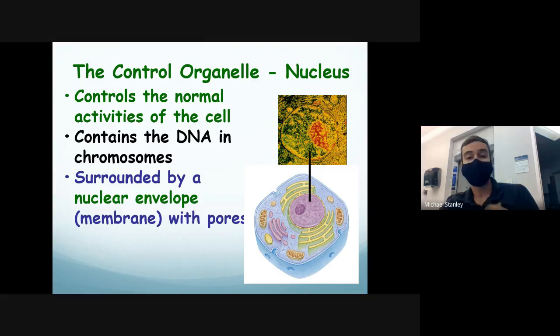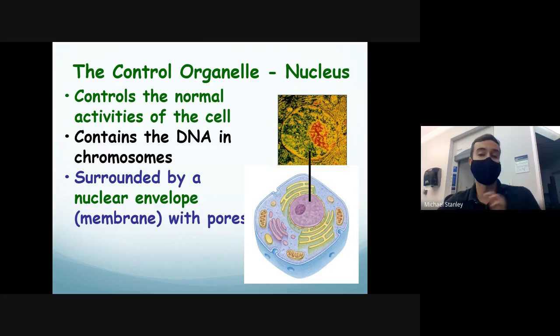Humans, you and me, have 46 total chromosomes inside the nucleus of every single cell in your body. So whether you're a skin cell, a liver cell, a muscle cell, or a brain cell, you have 46 chromosomes inside of your nucleus.